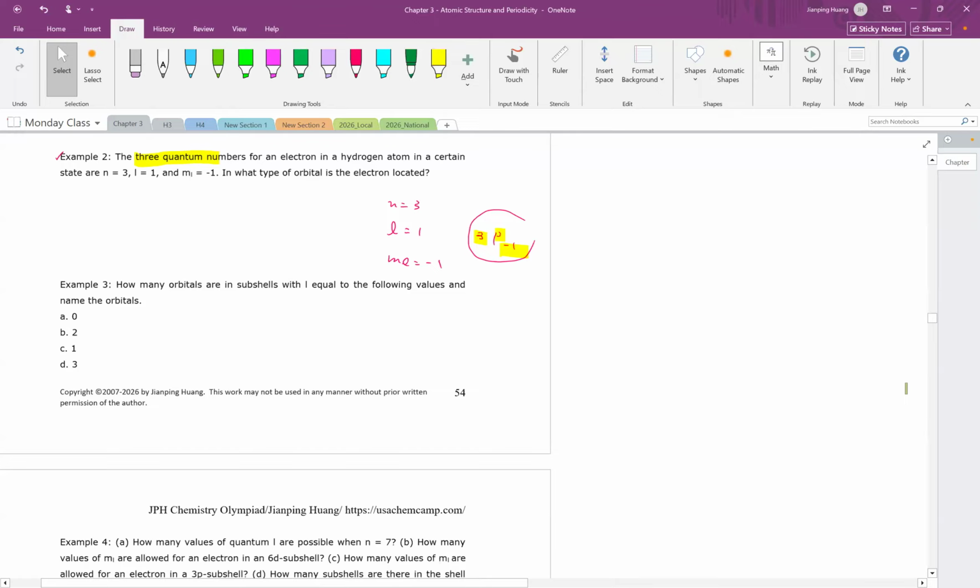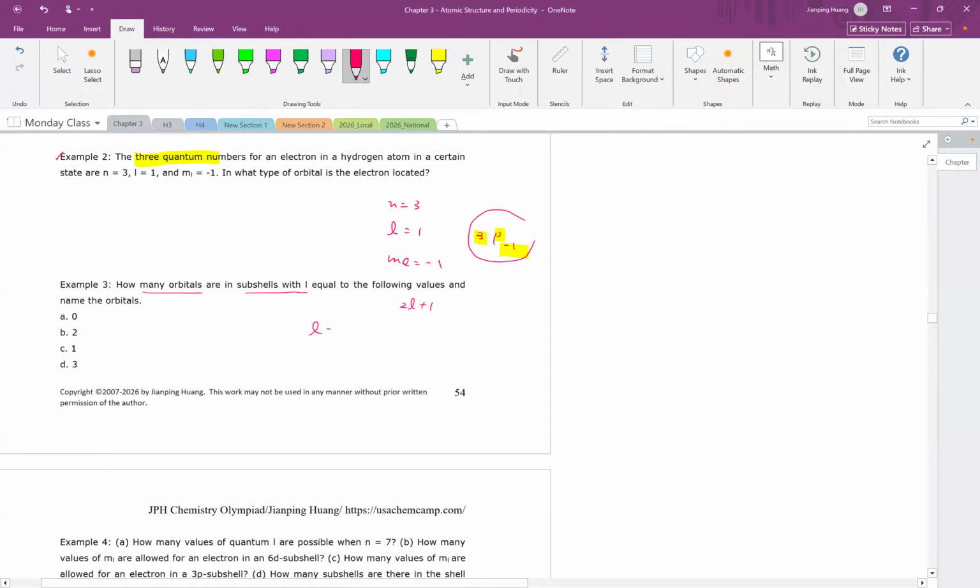Okay, let's do that. How many orbitals are within a subshell l? The number of orbitals should be 2l plus 1.